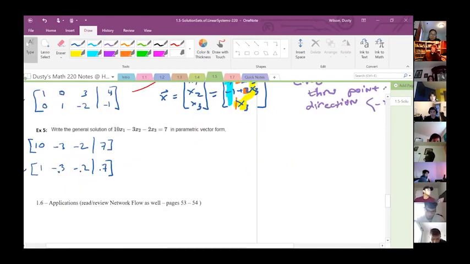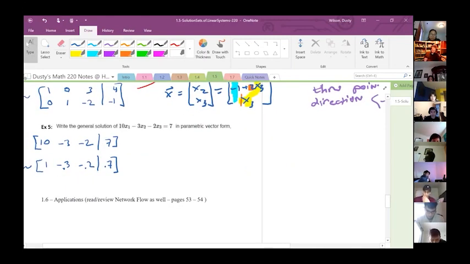So back on example 5, I want to write the general solution. Again, I've row reduced, that was my step 1. Step 2 is going to be to write this as x1 minus 0.3 x2 minus 0.2 x3 equals 0.7.